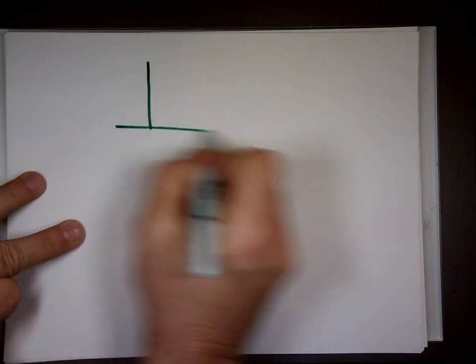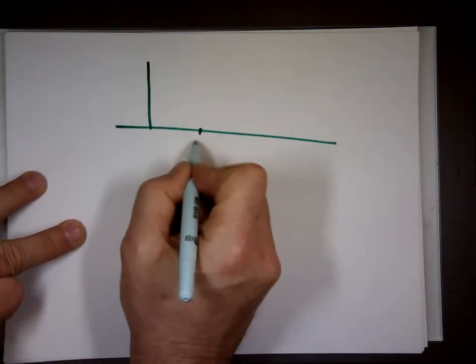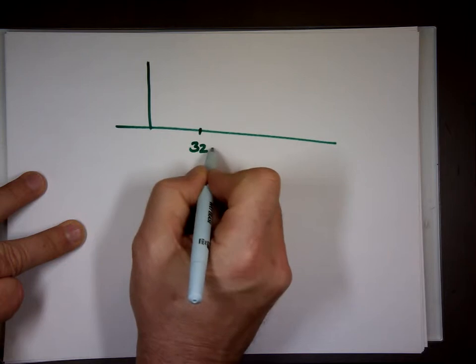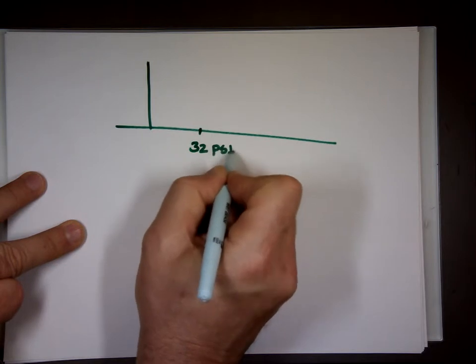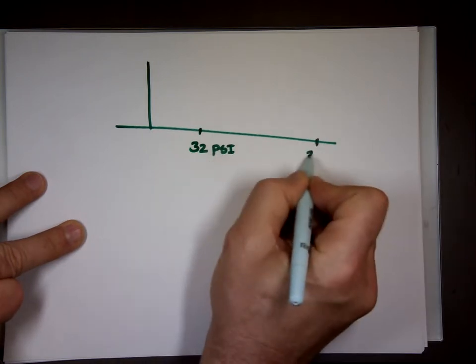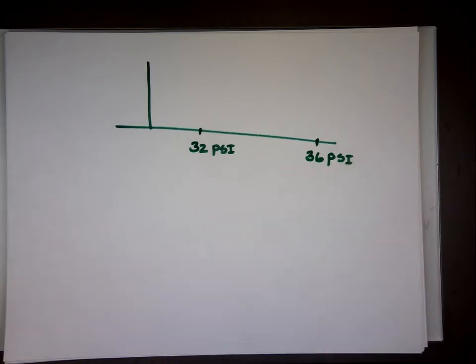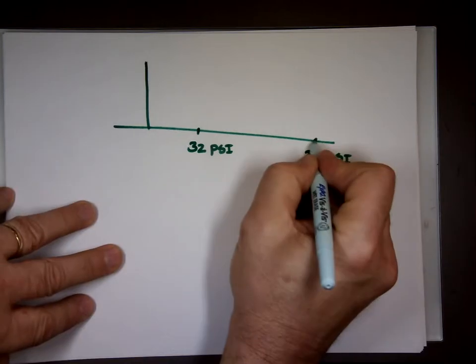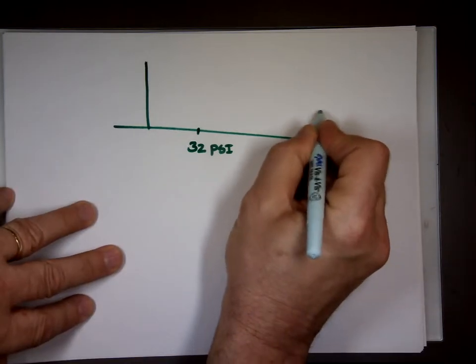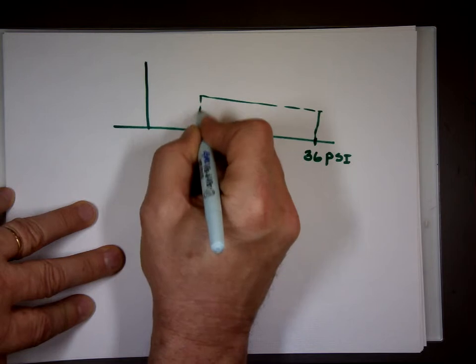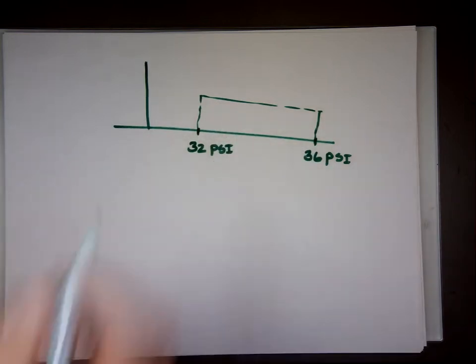Let's assume all the cars out there have a uniform pressure between 32 psi and 36 psi. If you measure the pressure on the tire of your car, it's between these numbers. It's uniform. So that means the height of that will have to be what?